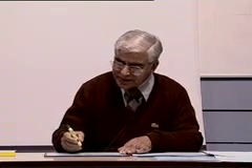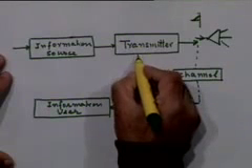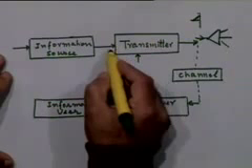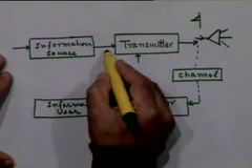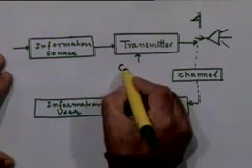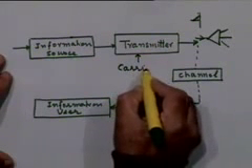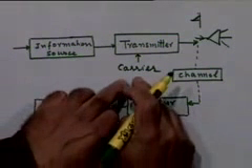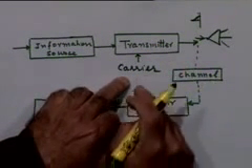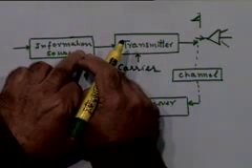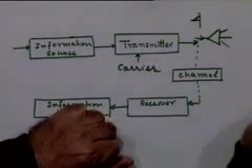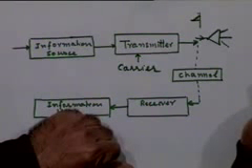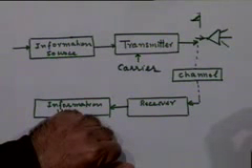So typically a transmitter would require as another input, in addition to the signal, another signal which we call the carrier. The job of the carrier, as I mentioned earlier, is to carry the information signal along with it.